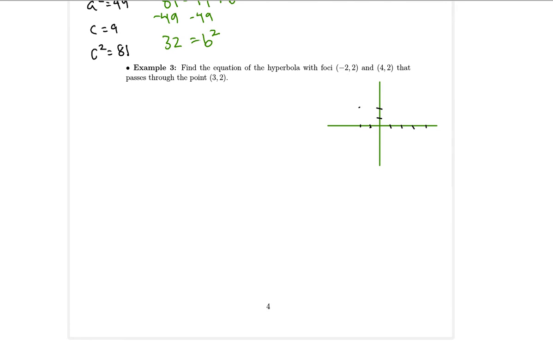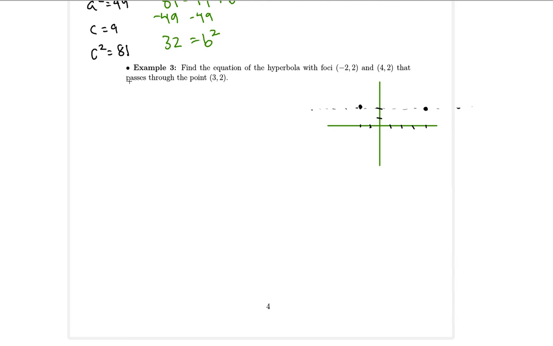I can put a point right here and a point right there. Those are the foci. The fact that they're both lying along y equals 2 means that y equals 2 is the transverse axis.